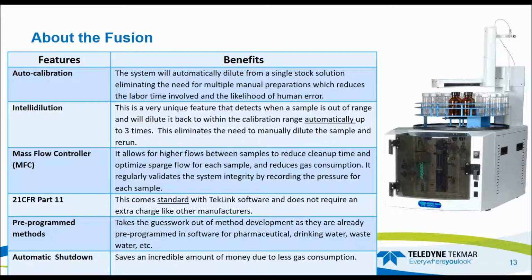That helps with the cleaning up of the system between sample runs. It also helps with reduced gas consumption. It can automatically shut itself off with no use. And it helps enable features like leak checking, things like that, which is great.